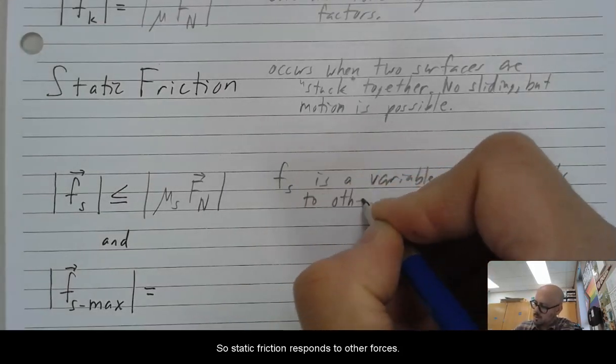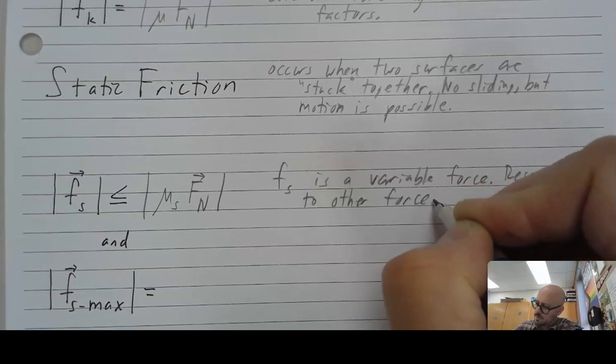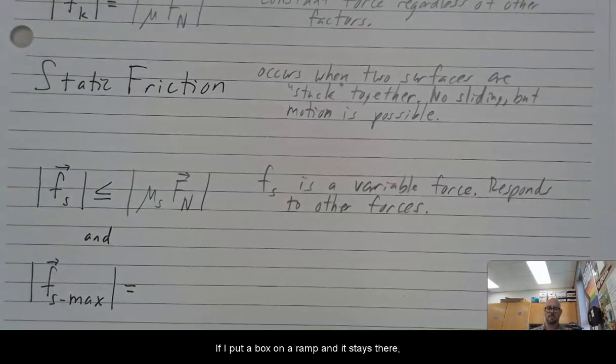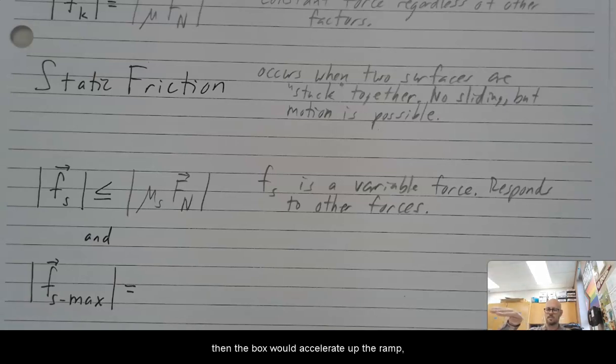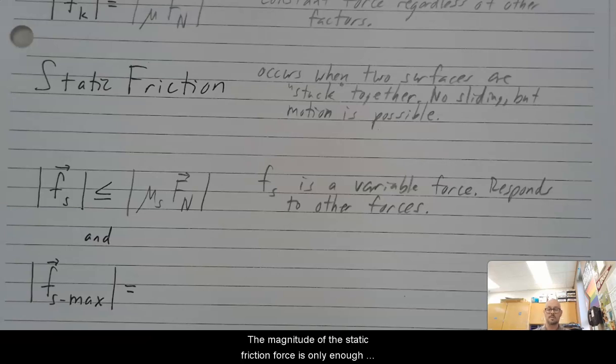If I put a box on a ramp and it stays there, then that means that there is exactly enough static friction to keep it there. If static friction were any higher, then the box would accelerate up the ramp, which we hopefully know is impossible. So the magnitude of the static friction force is only enough to keep the box there, not to get it to move.